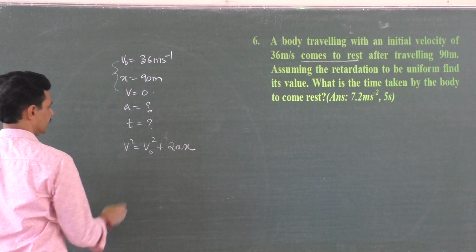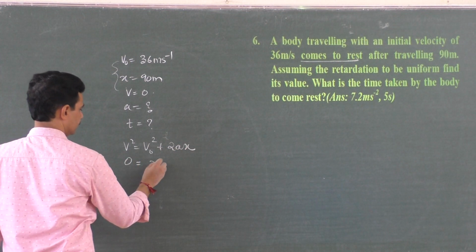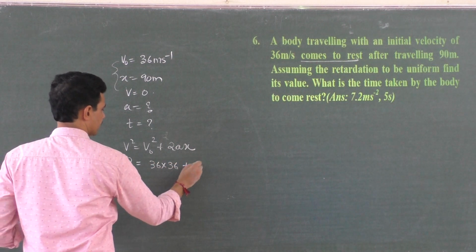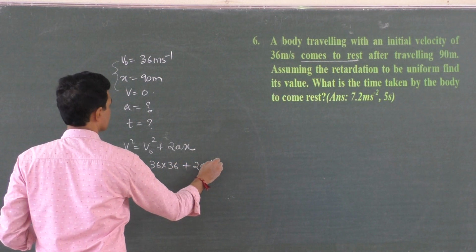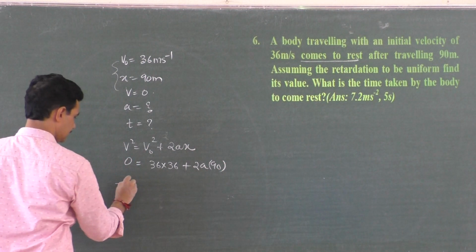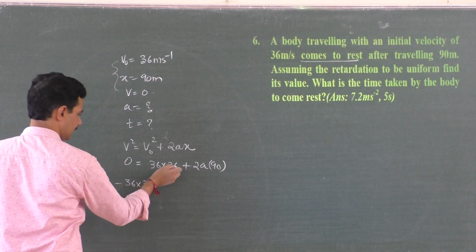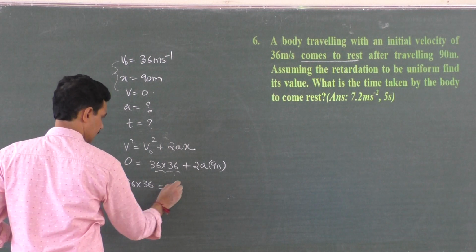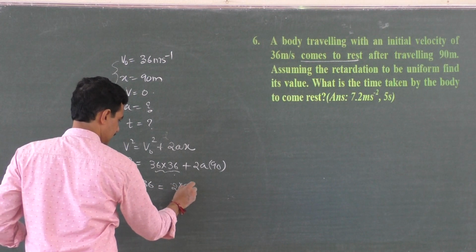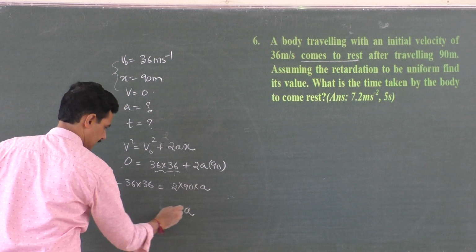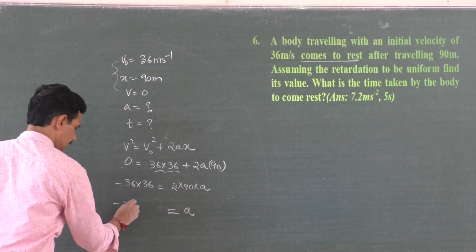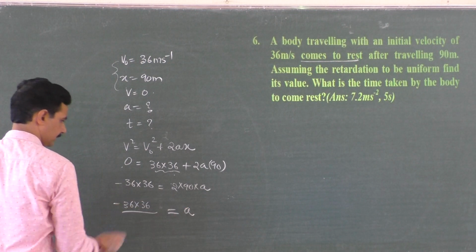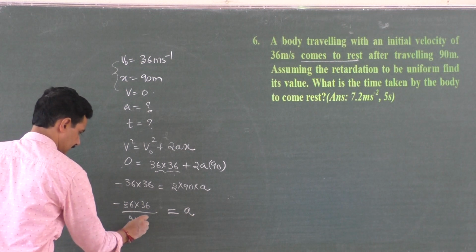V square, v naught square plus 2ax, 0 minus 36 into 36. I will bring this product here, is equal to, now it is equal to 2 into 90 into a. What is a equal to? Minus 36 into 36 divided by 2 into 90.